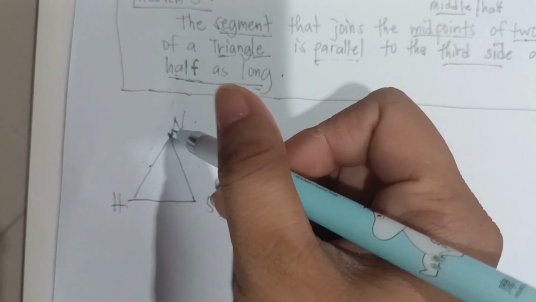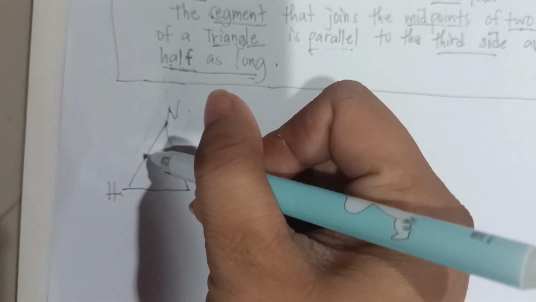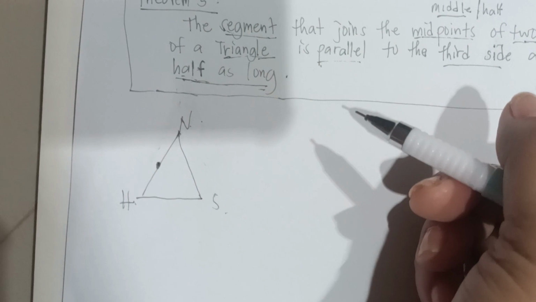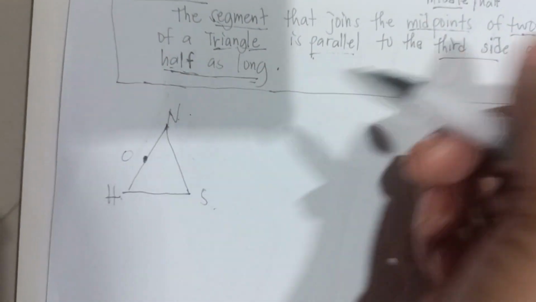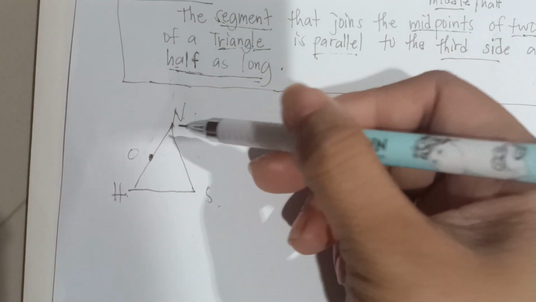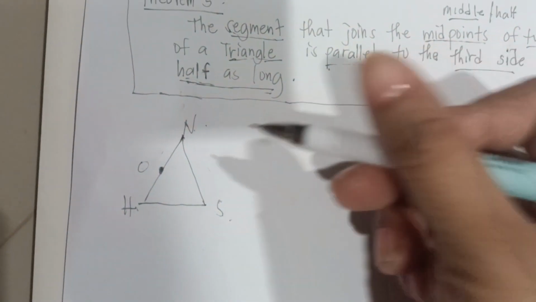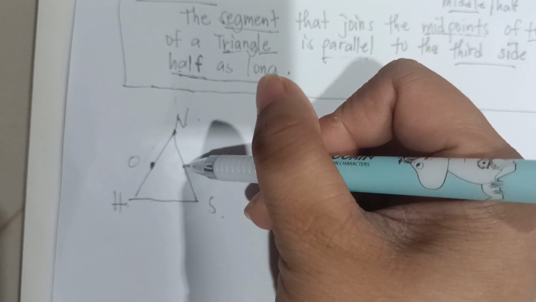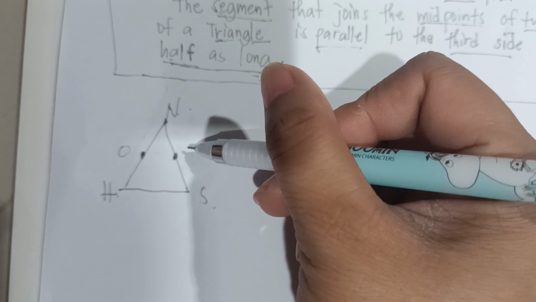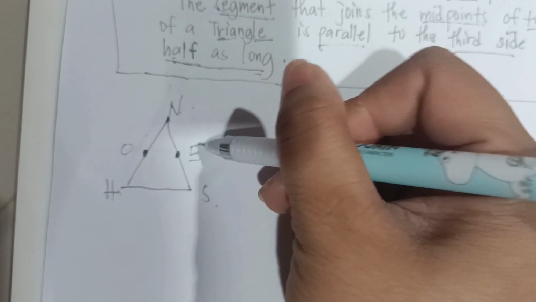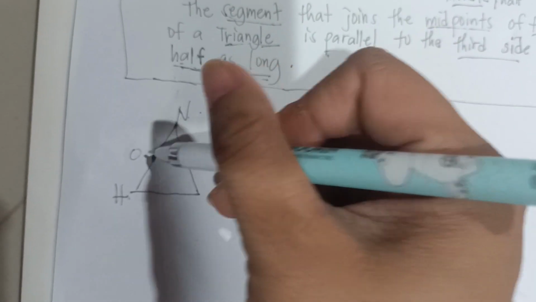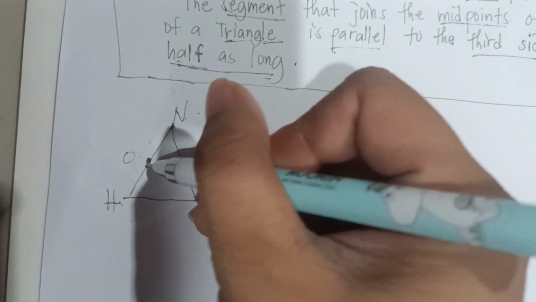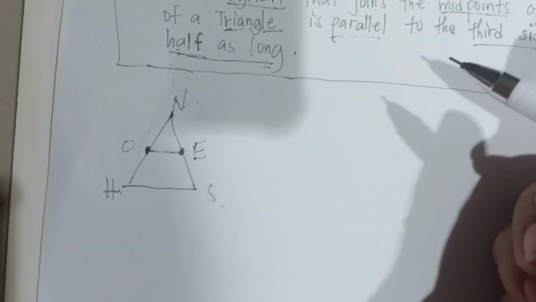This would be the midpoint of NH, meaning half, middle. I will put this one as point O. And for the second side, which is side NS, I'm going to put here the midpoint and name it point A. So joining these two midpoints, we form a segment.